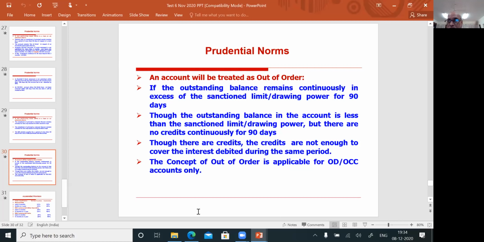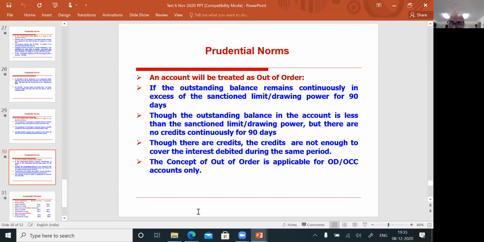What is the first one? Liability continues to be more than the limit or drawing power, whichever is less, continuously for 90 days, without even a single day it is coming down. So it is called out of order and NPA.